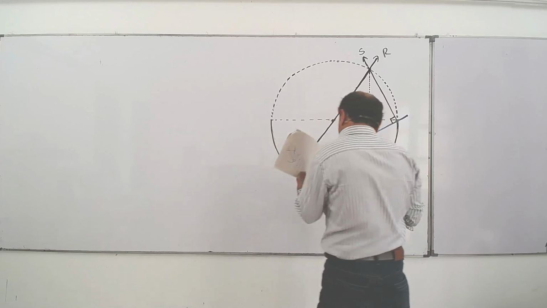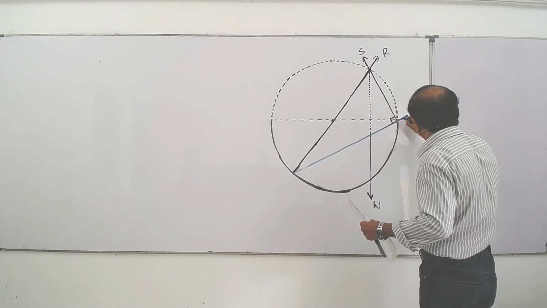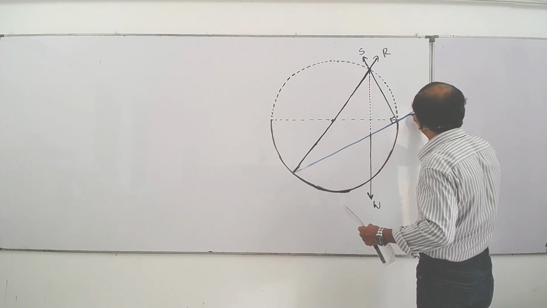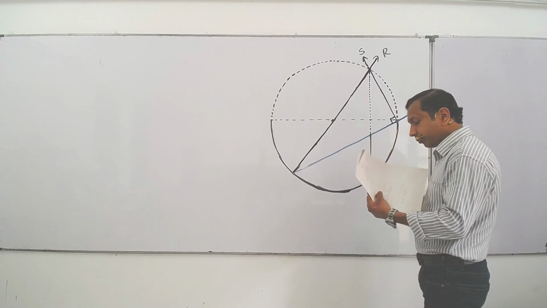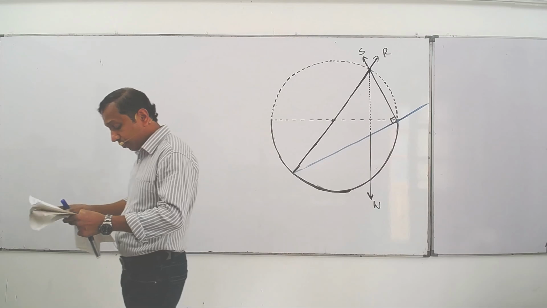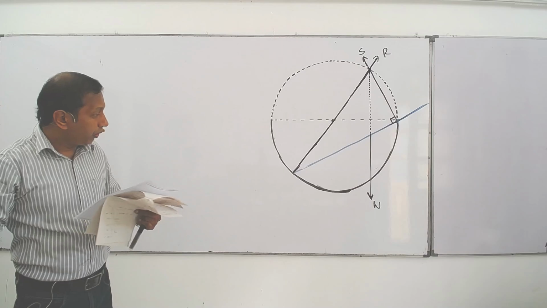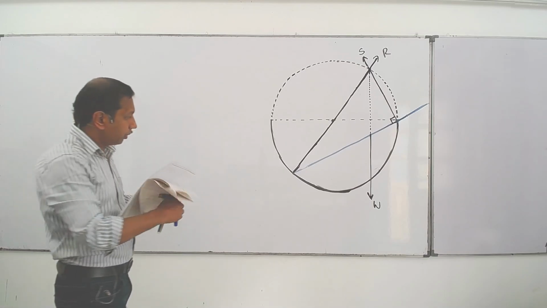We are given the rod is a uniform rod of length 2L.